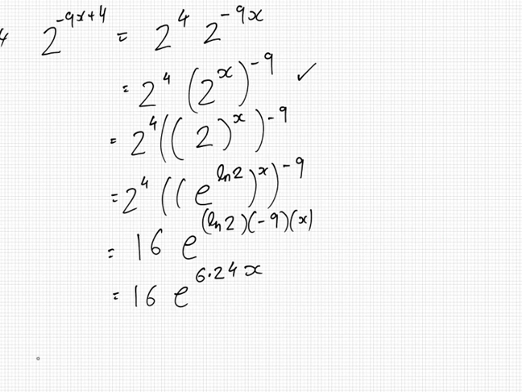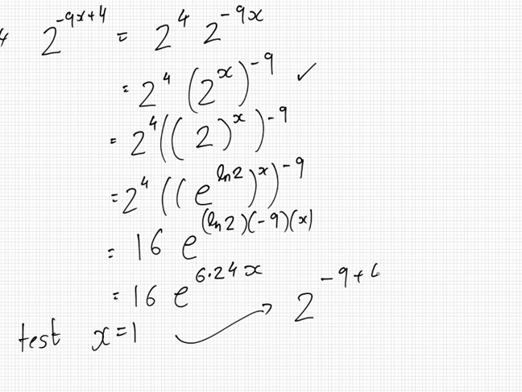So you can test it. If I put x equal to, say, 1, so I have 2 power minus 9 plus 4, that equals 2 power minus 5, which equals 1 over 32, or as a decimal, 0.03.